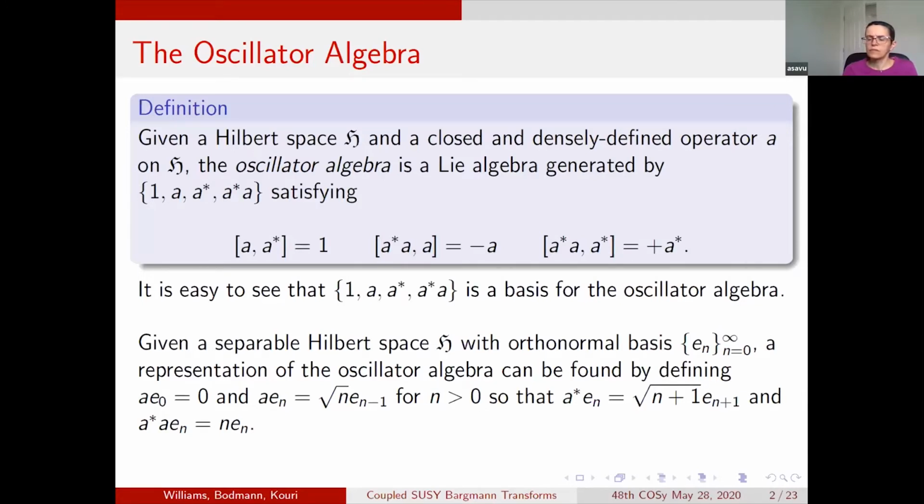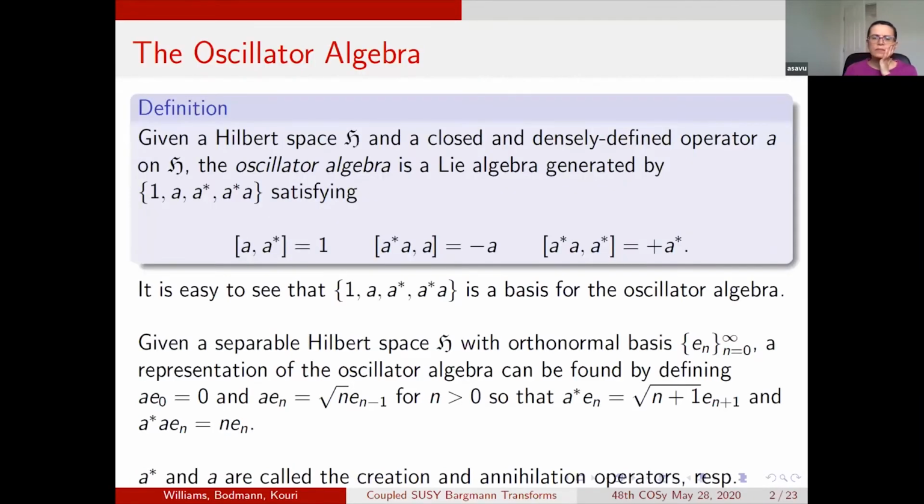And then that immediately tells you that A star on En has to be square root n plus 1, En plus 1. And then A star A is diagonalized by the basis. And eigenvalues are 0, 1, 2, and so on.